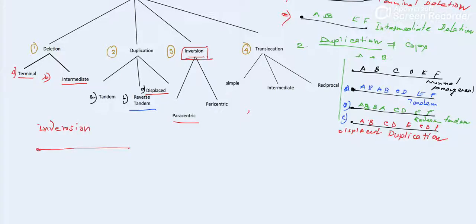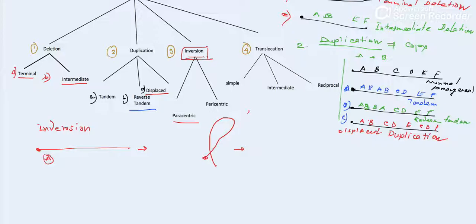This is a linear chromosome in figure A. Next, this chromosome turns.